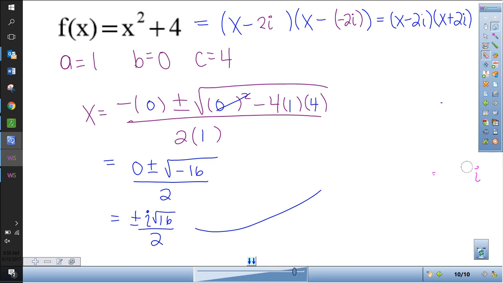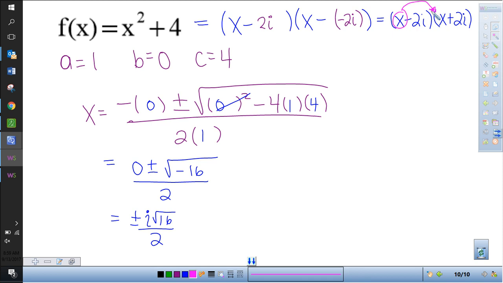So I'm going to distribute this out and simplify it and see if I get back to x squared plus 4. I take the first term and distribute it, and I get x times x is x squared. I take my x and distribute it, and x times 2i is positive 2xi. Then I go to my second term, negative 2i, and negative 2i times x is negative 2xi.